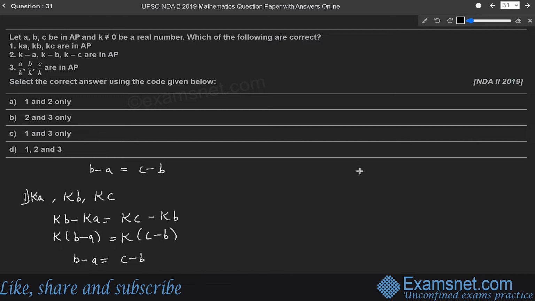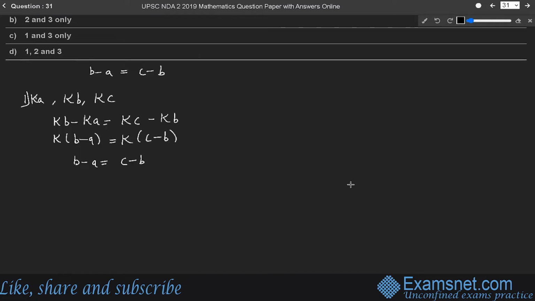Now, looking at the second statement, which is k minus A, k minus B and k minus C are in AP. It means that (k minus B) minus (k minus A) is equal to (k minus C) minus (k minus B).